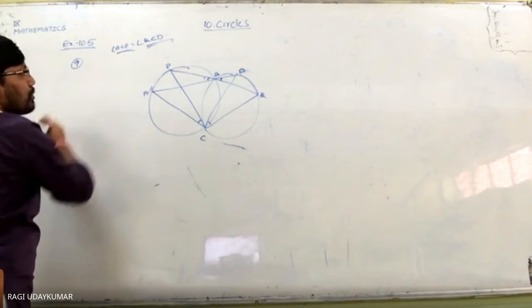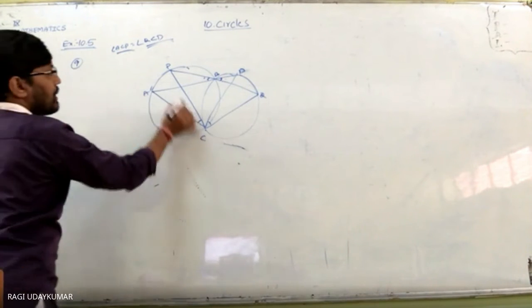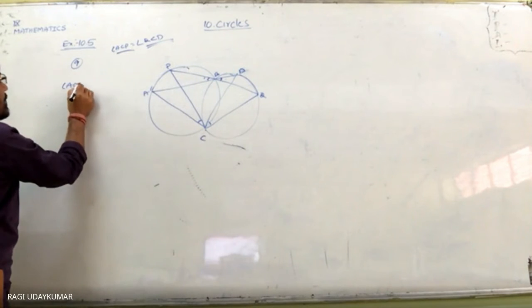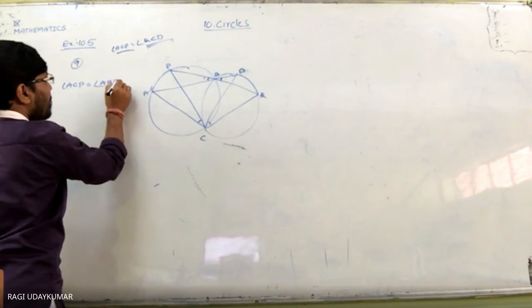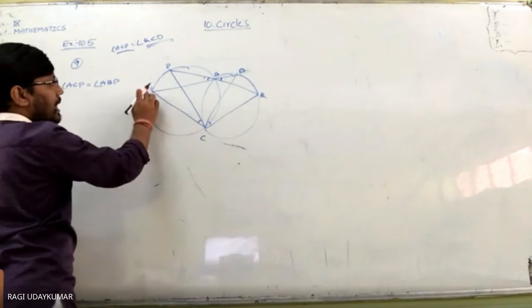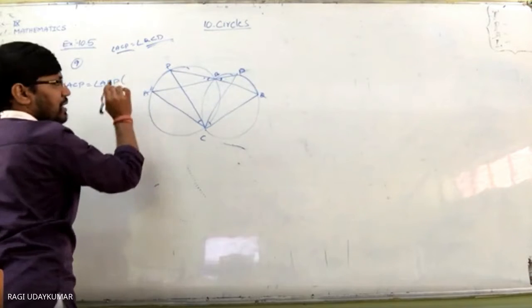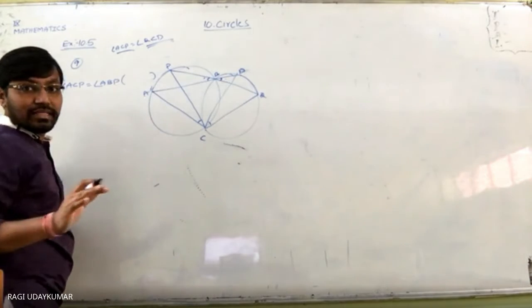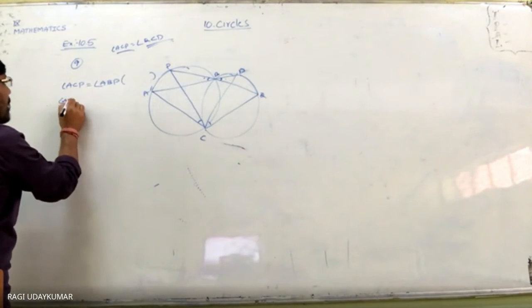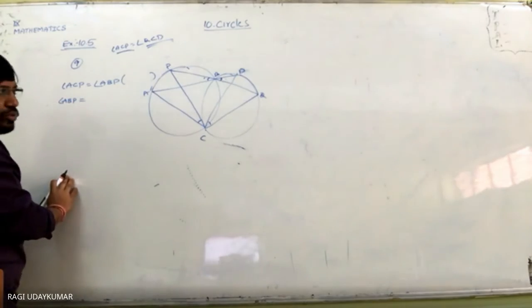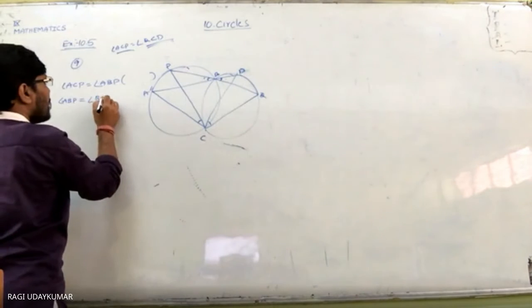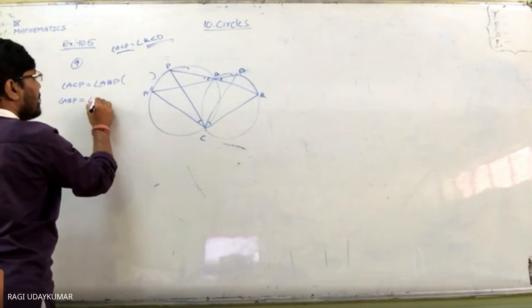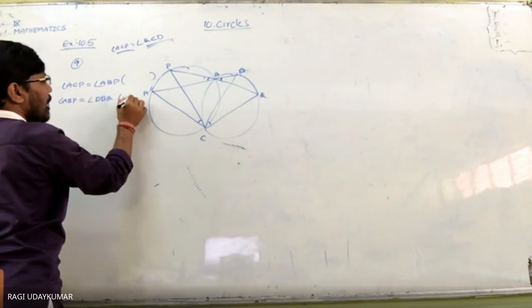We need to prove that angle ACP is equals to ABP, same segment angles. And this angle ABP is equals to angle DBQ, vertically opposite.